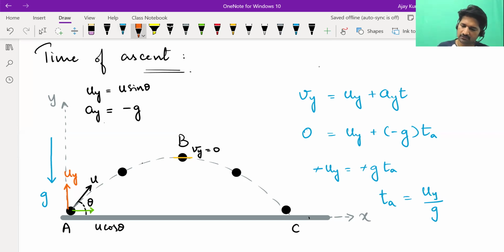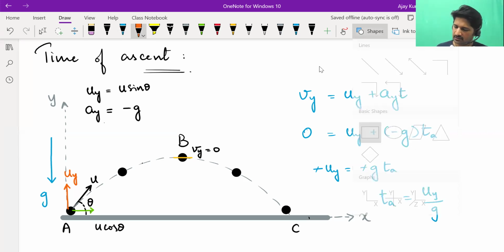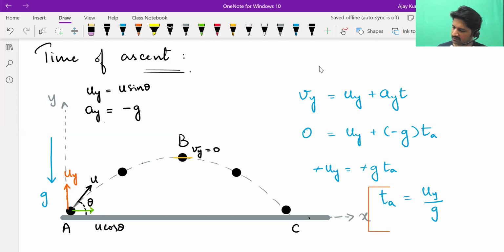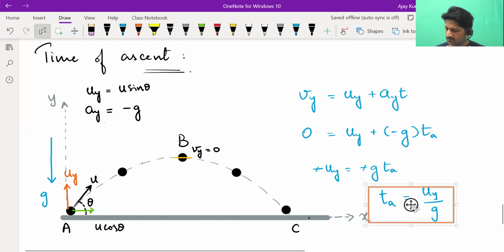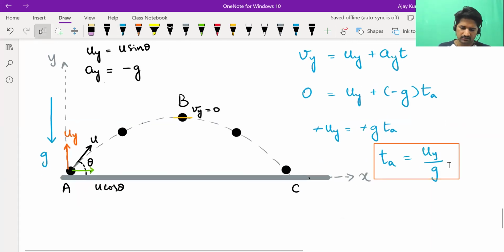If all the velocity is in the y direction, then it is u by g. If only a component is there in the y direction, then it is that component divided by g. Okay, as expected. And if you are sure that theta is the angle with the horizontal, then the x component is u cos theta, and the y component is u sin theta.